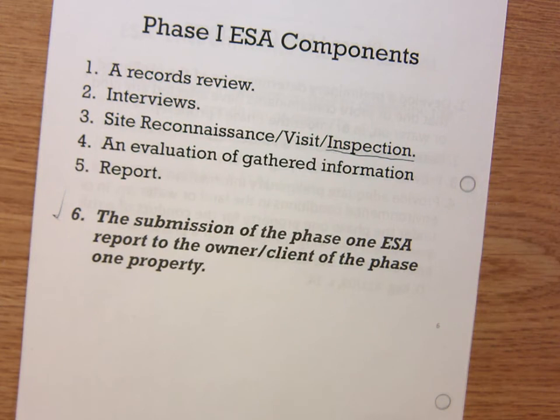Site visit and inspection is another important step in your environmental site assessment. Then you will do a very quick evaluation of gathered information. So you gather the information, you evaluate it, make your conclusion, and finally you write a report.